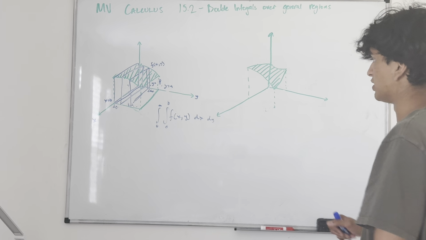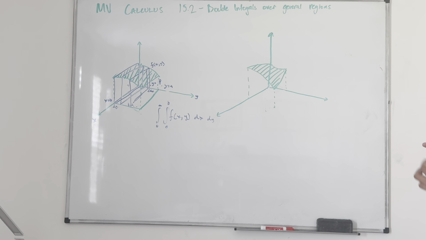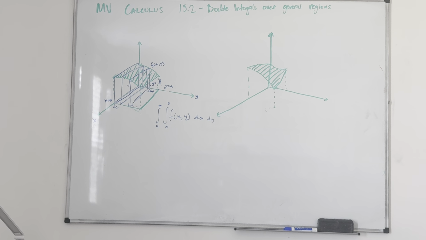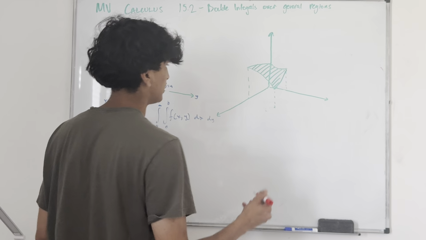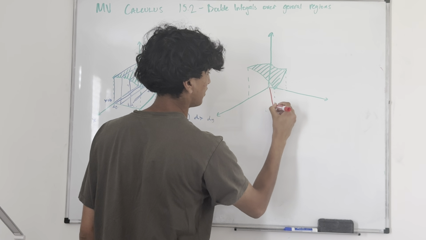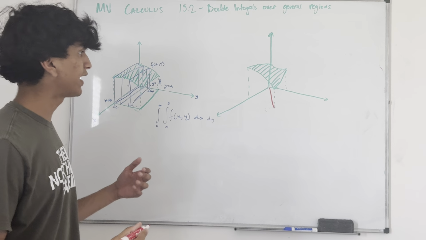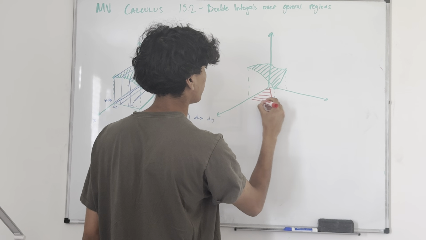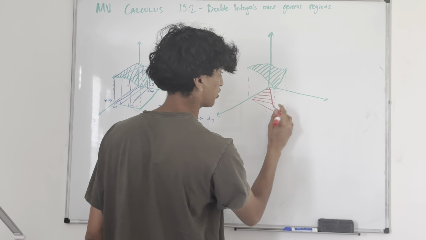But that's the intuition. Now, how do we do this for general regions? Well, I'm going to use a different marker. What does a general region mean? A general region would be something like this. Rather than a rectangle, we're now going to get the area under some other region. This could be a curve.